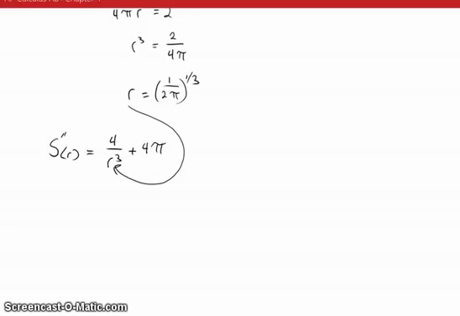I did 1 over 2 pi, and then I did the cube root, same thing, just different order, and got the same answer. That's strange. It should work both ways. But it is a parentheses problem, so if you're not putting the 2 pi in parentheses, you may not be doing it properly. That's my rule.